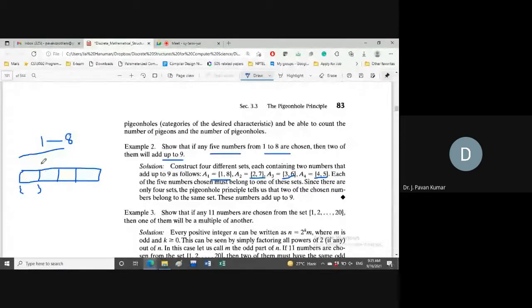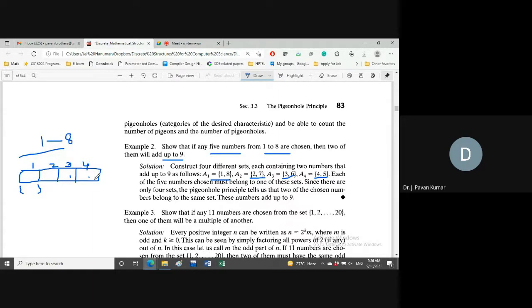Four numbers distinctly we could choose. Let us say we choose one, two, three, then four. One we will be having in the first pigeonhole, yes or no? Because 1 comma 8. Next, 2 will be in the second one, 2 comma 7. Next, 3 comma 6 is the third pigeonhole, so it will be in this. The fourth one goes in the fourth pigeonhole.